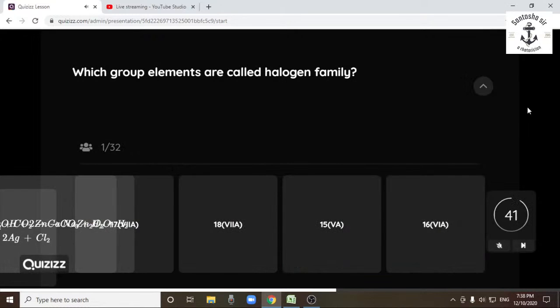Which group of elements are called halogen family? 30 seconds. Which group of elements are called halogen family?